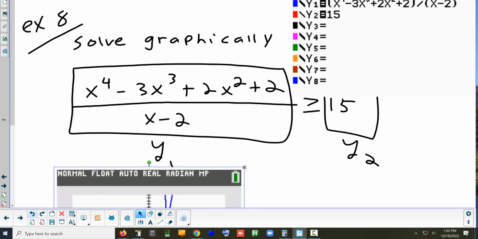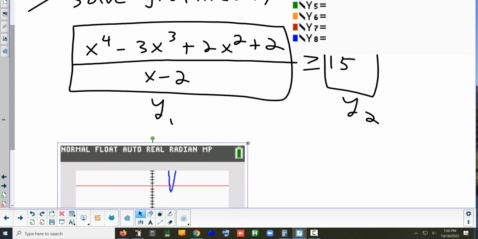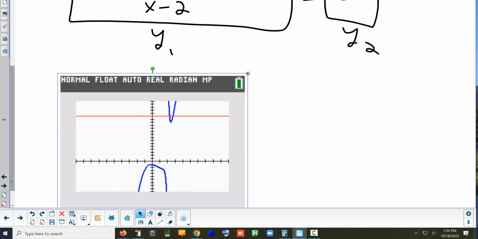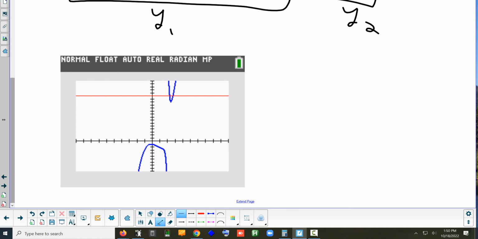Okay, let's look at that. What number can't you plug in for x in this problem? Because it would cause you to divide by 0. 2. So, when you have a number that makes the denominator 0, that creates a what? We show it as a dotted line.